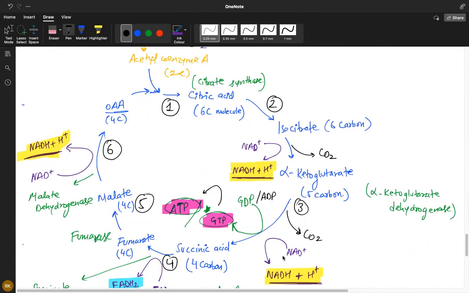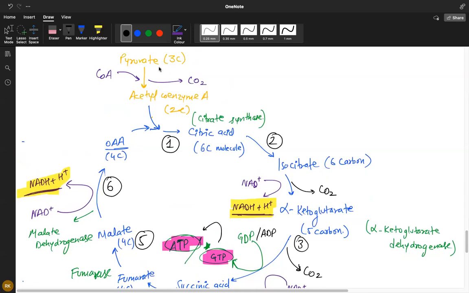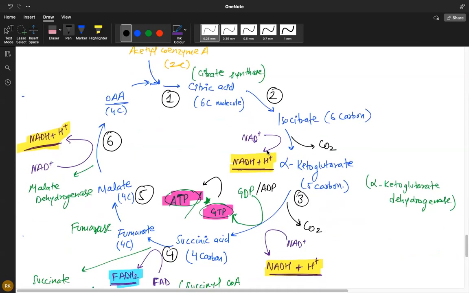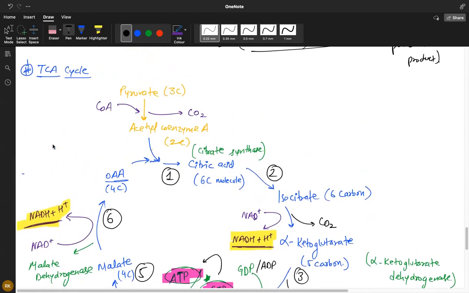And lots of hydrogen is removed at every step. One hydrogen is removed here, one here, one here, and one here. Oh, I forgot to tell you the one step where I did not say where the NAD comes in is this step. At this step, NAD plus comes and leaves as NADH plus H plus.